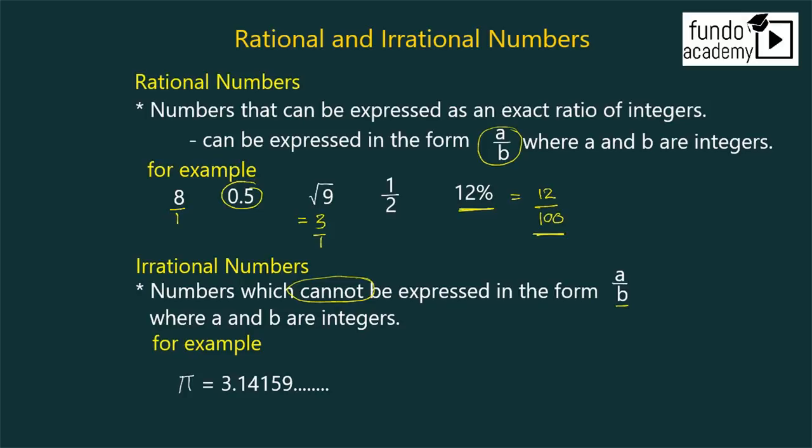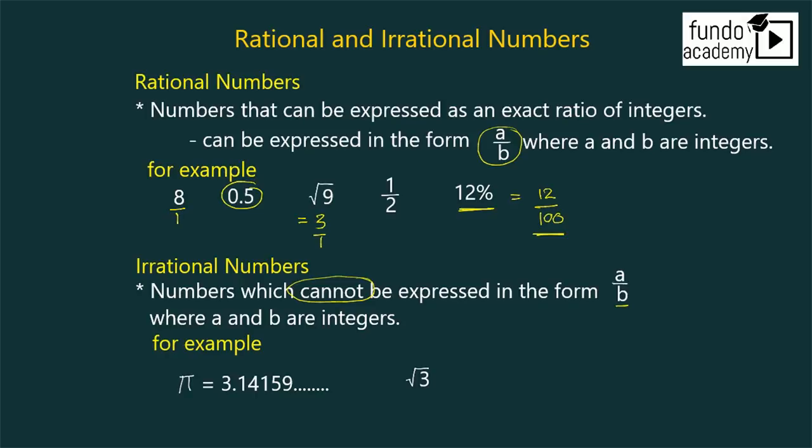The way we deal with irrational numbers is we round them off to a certain number of significant figures or decimal places. For example, most of the time you find the value of pi being given as 3.14 or something like that. So that is how we deal with irrational numbers. Another example of an irrational number is the square root of 3.